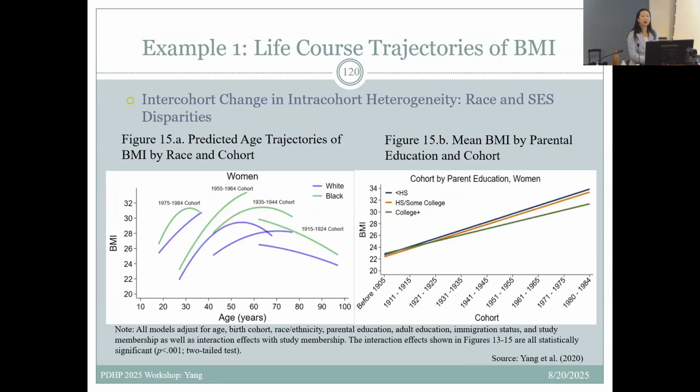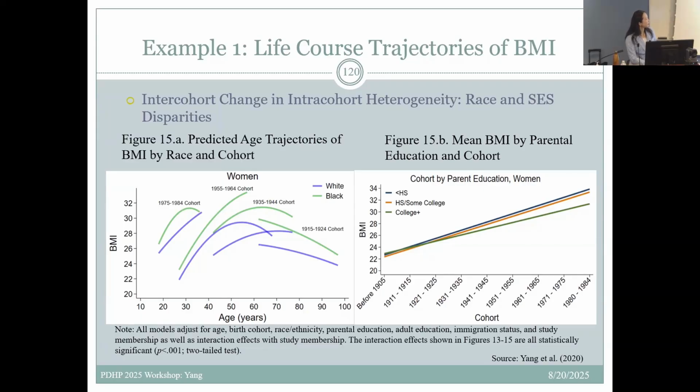And finally, there's also evidence for inter-cohort change and intra-cohort heterogeneity, as an example of race and SES disparities. On the left, we show the race gaps in age trajectories of BMI for selected cohorts, where you see the gaps changing with age in all sorts of different directions. There's divergence, there's parallel, there's convergence, depending on which cohorts you look at. So huge cohort variation.